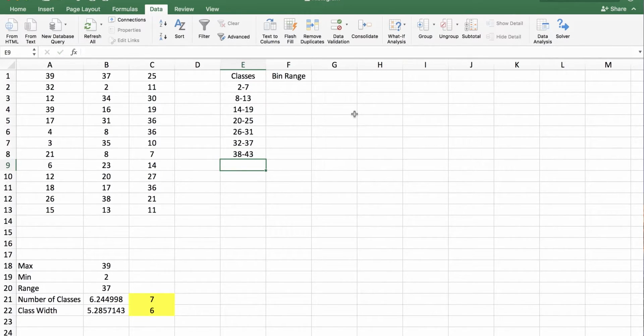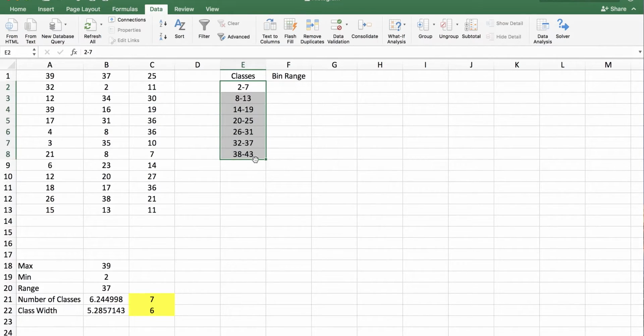I don't need to go for another class because this last class has an upper limit of 43, which is greater than my maximum of 39. Therefore, I can stop here. So let's say that I continued, it would be 44 to 49, and I don't have any values that could fit into this class, okay? So therefore, I don't need it.